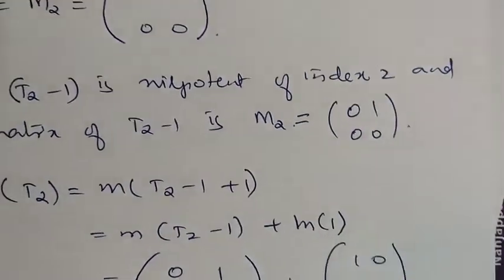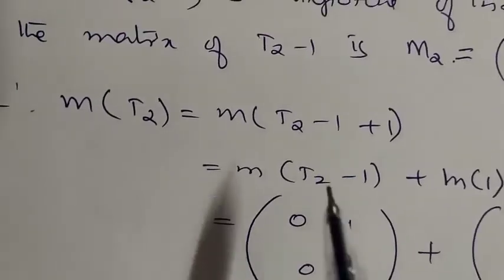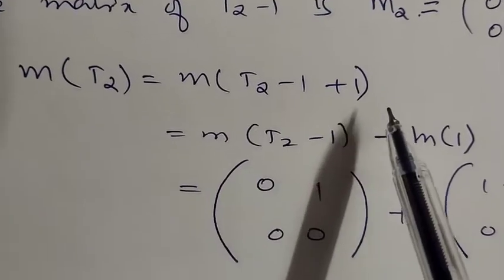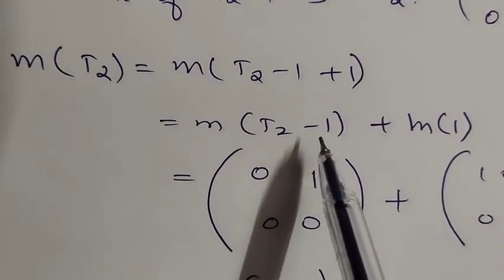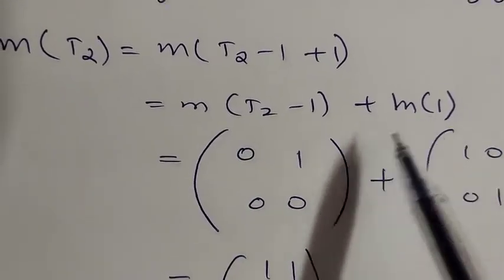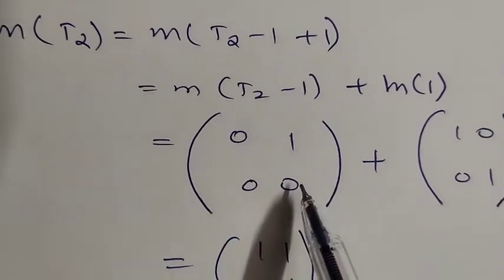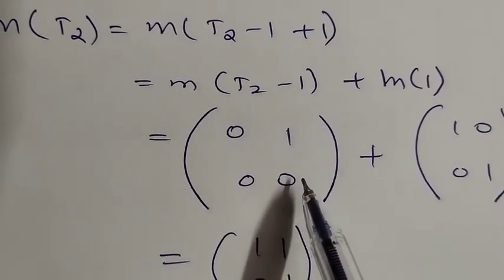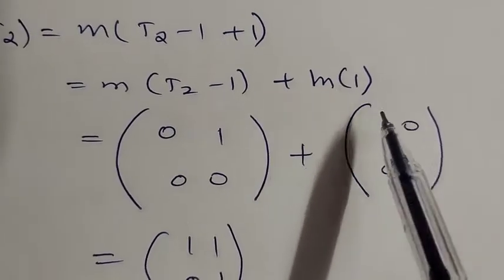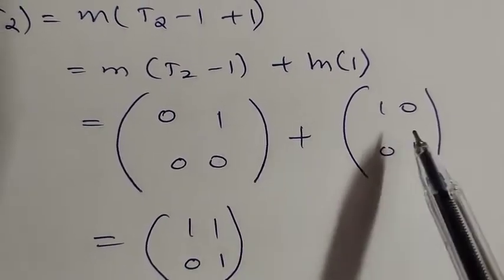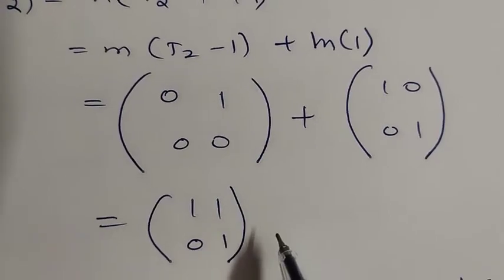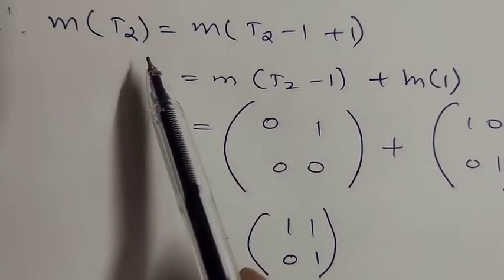But I need the matrix of T2, not T2 minus 1. Therefore the matrix of T2 is the matrix of T2 minus 1 plus 1, which is the matrix of T2 minus 1 plus the matrix of 1. The matrix of T2 minus 1 is 0, 1, 0, 0, which is the standard nilpotent form, plus the matrix of 1, which is 1, 0, 0, 1. If you add up, you get 1, 1, 0, 1. So this is the matrix of T2.